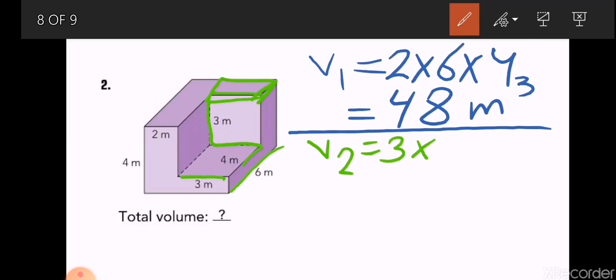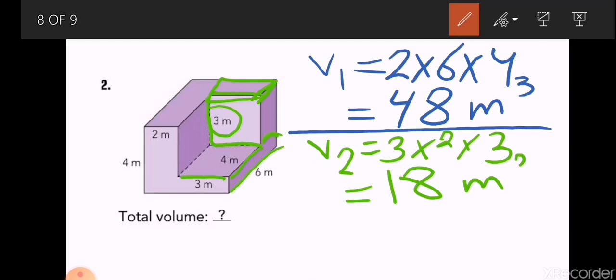This is 4, so this small part is 2, multiplied by the height, it's given for you, that it's 3. 2 times 3 is 6, 3 times 6 is 18 meter cubed.